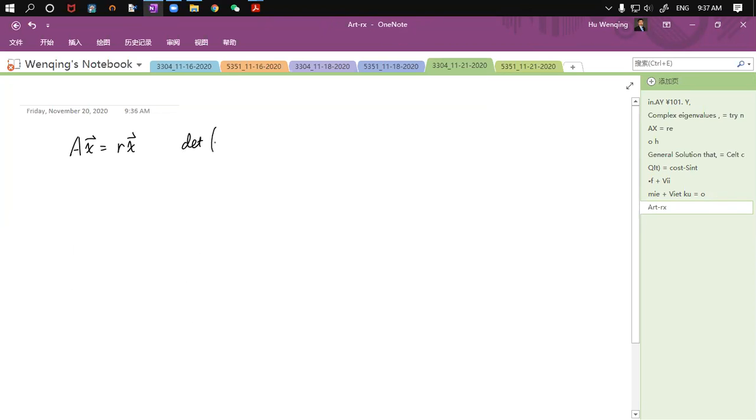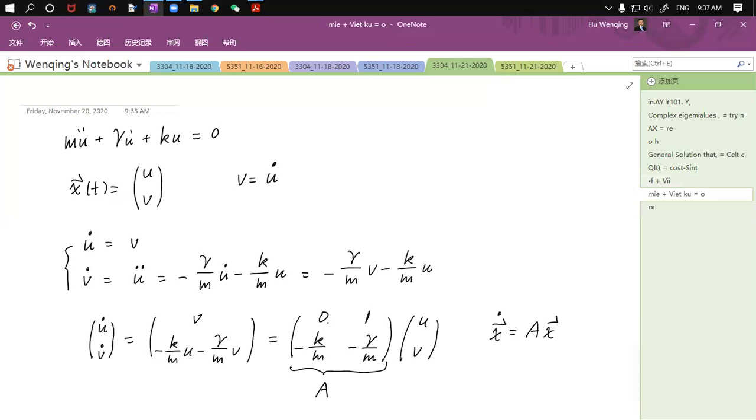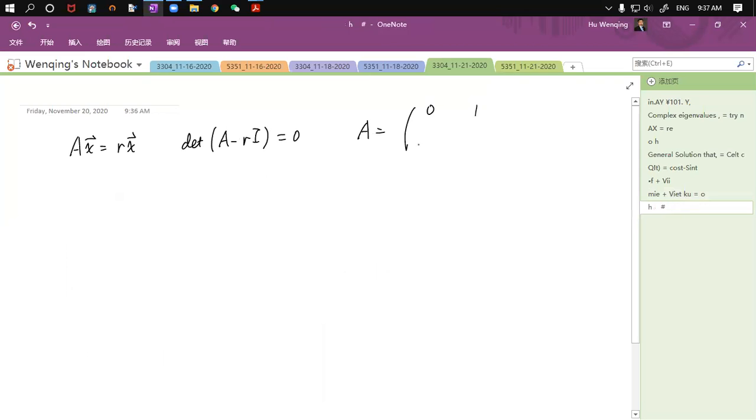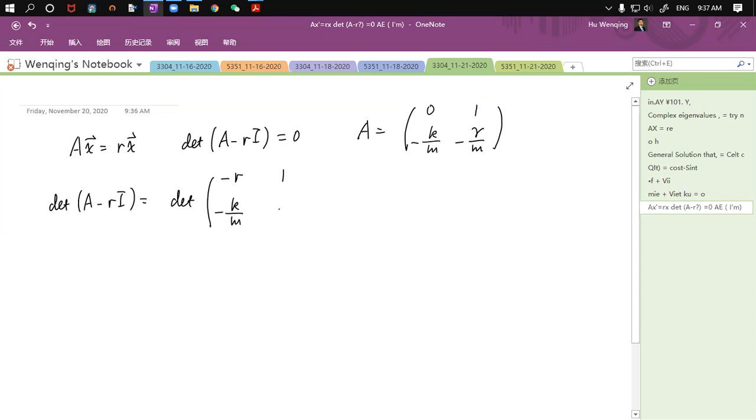Well, you can look for the determinant of A minus rI equal to 0. Remember, the matrix A has the form 0, 1, minus k over m and minus gamma over m. So that's the matrix A. That means the determinant of A minus r times I is the determinant of the matrix with minus r and 1 in the first row, and minus k over m and minus gamma over m minus r in the second row.